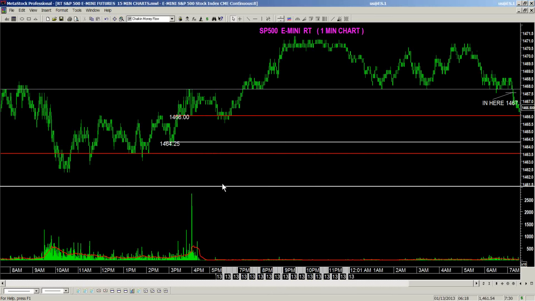We'll extend that out to the right to see how prices react at that level. Very little resistance between 1466 and 1464.25.